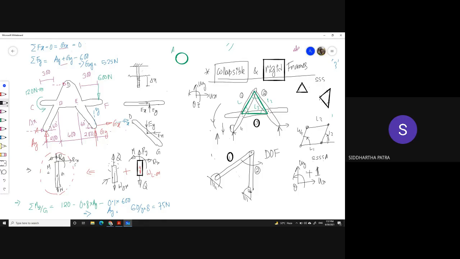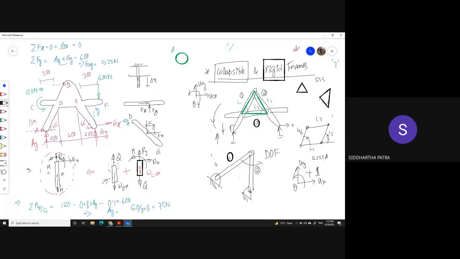Now, when it comes to rigid frames, because the ground only provides 3 reaction forces, we can determine all the 3 ground reactions by drawing the free body diagram of the whole structure and by writing the equations of equilibrium of the whole structure. So 3 equations and 3 unknowns works very well.